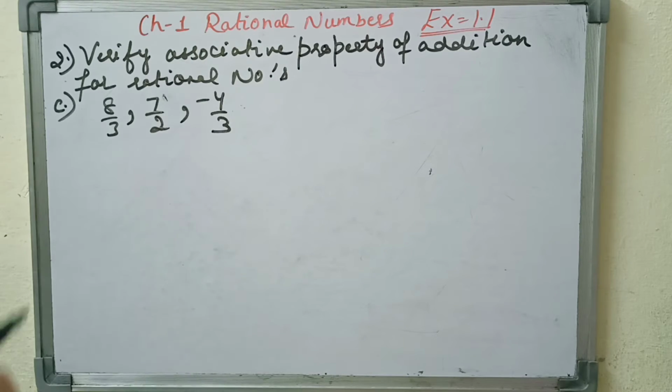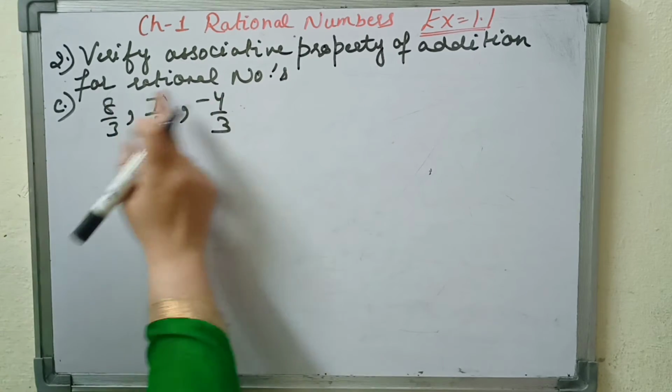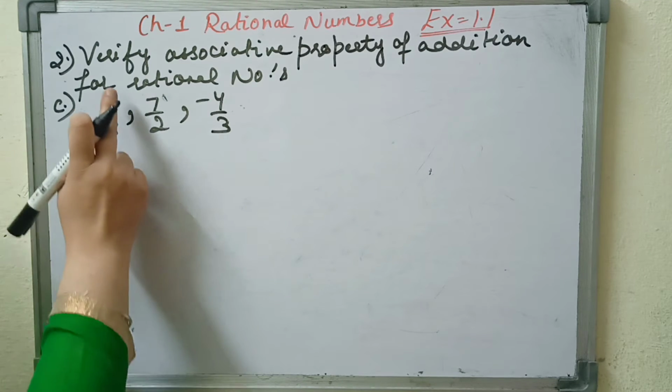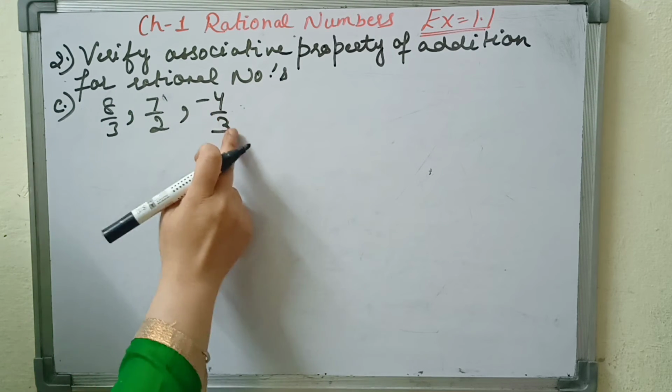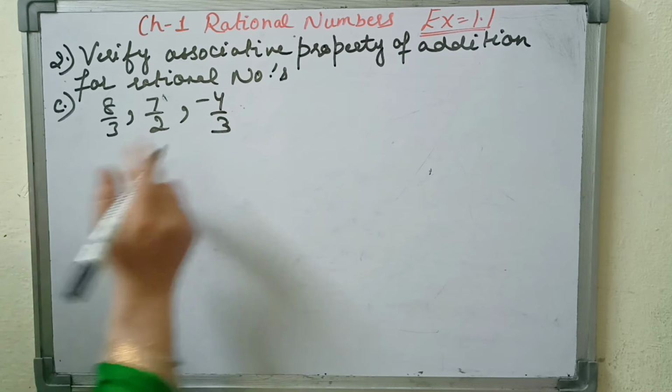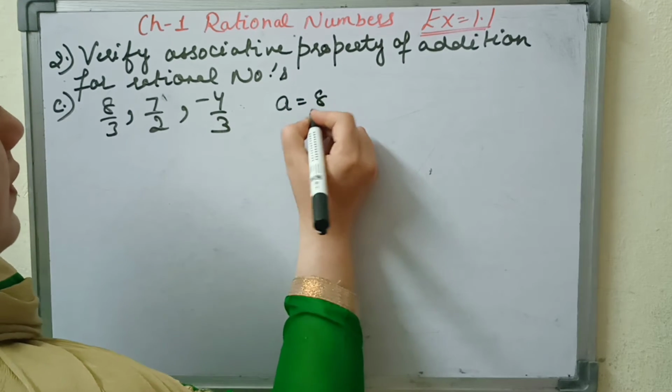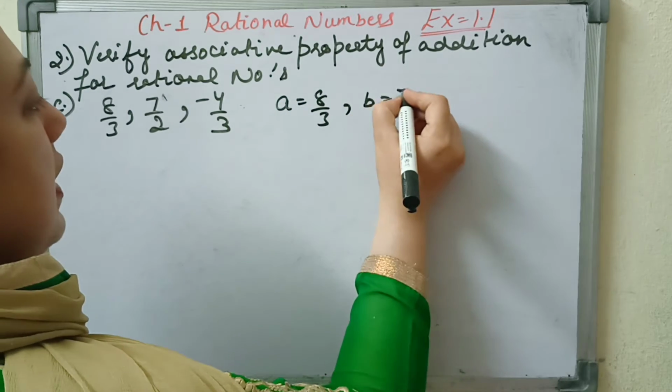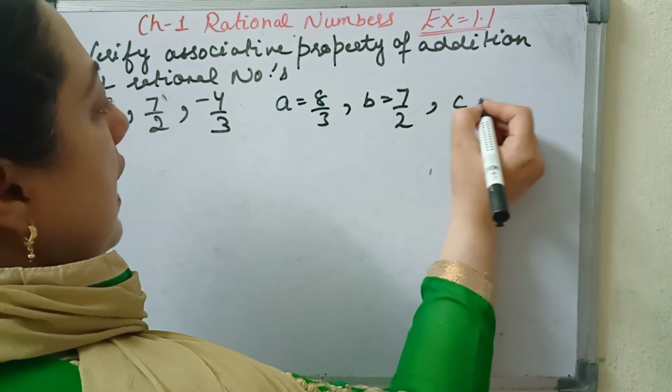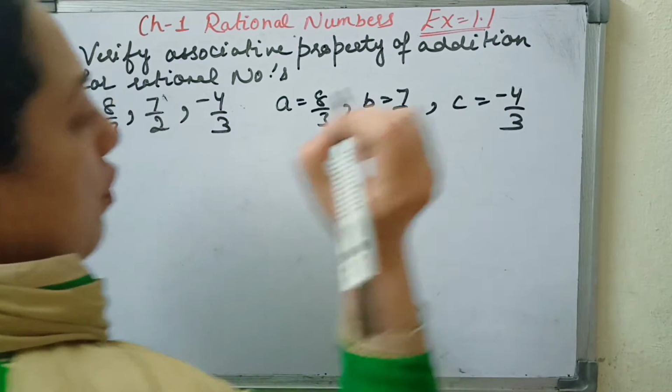Second sum is: verify associative property of addition for rational numbers. And the part (i) is 8 over 3, 7 over 2, minus 4 over 3. Let us take a = 8 over 3, b = 7 over 2 and c = minus 4 over 3.